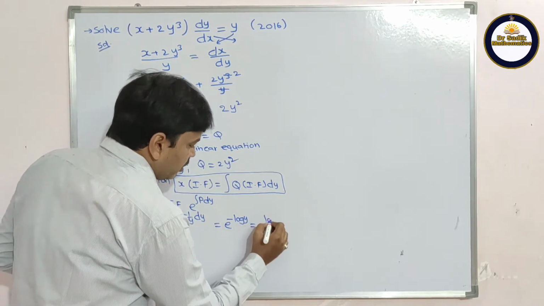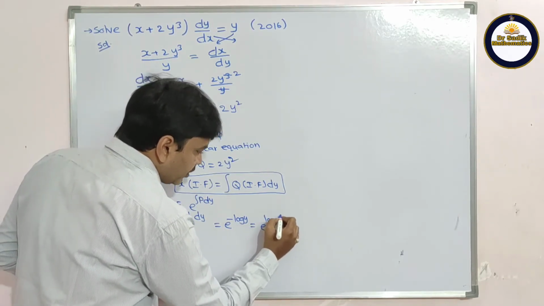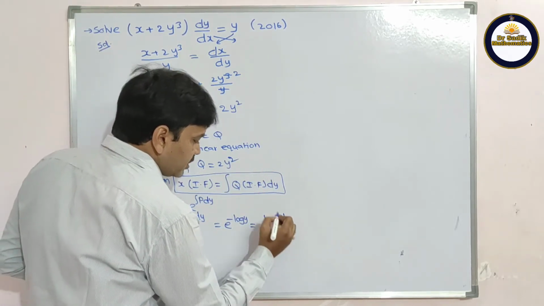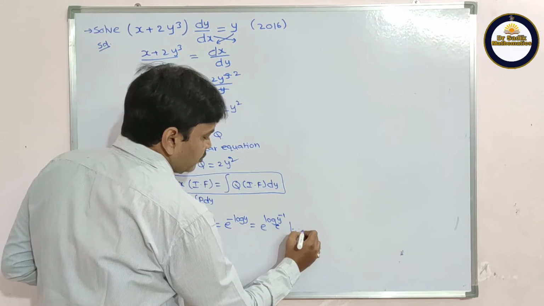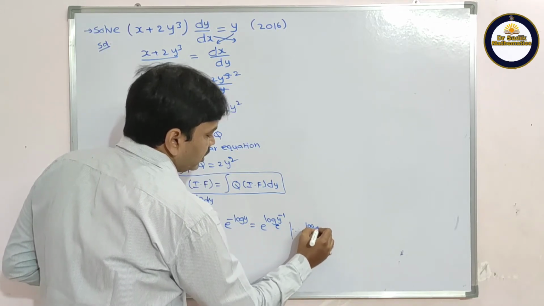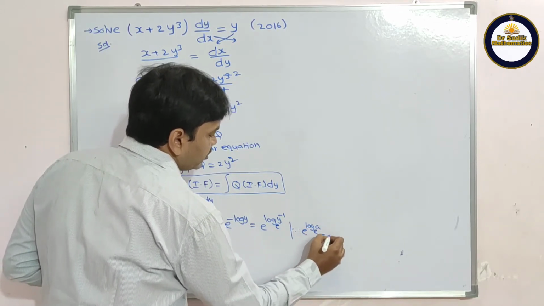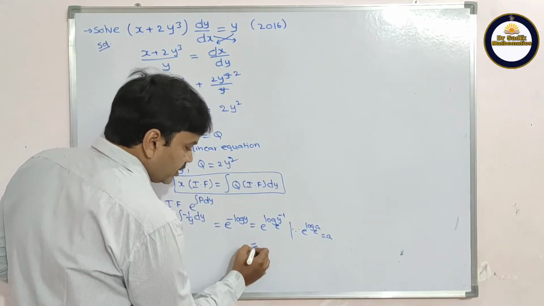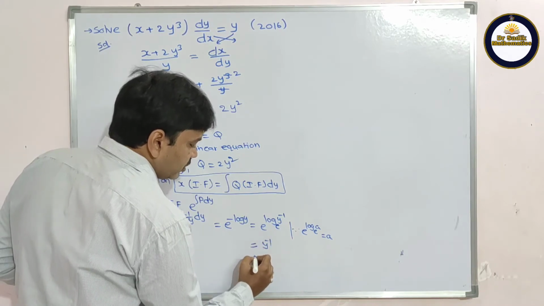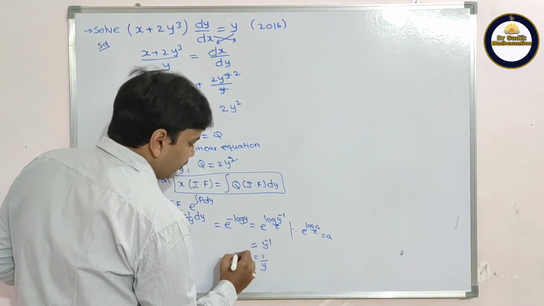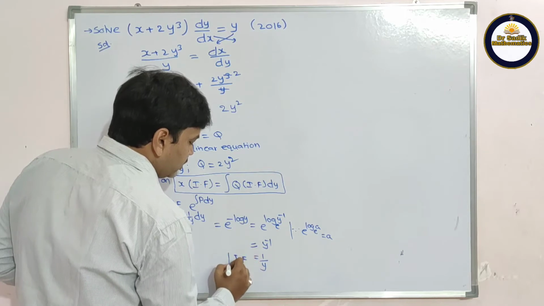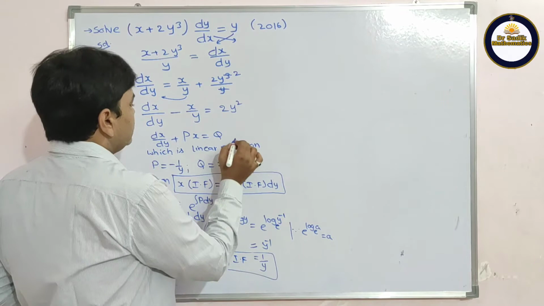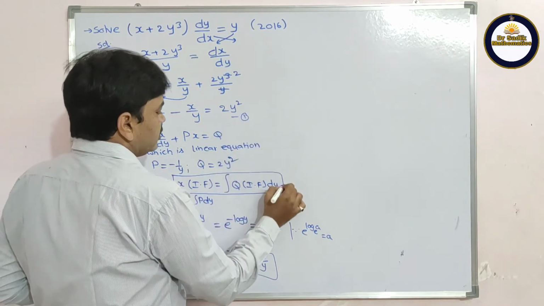This can be written as e^(log y^-1). We have the formula e^(log a) = a, so here we get y^-1, which is 1/y. This is the integrating factor. Say this is equation 1, and this is equation 2.